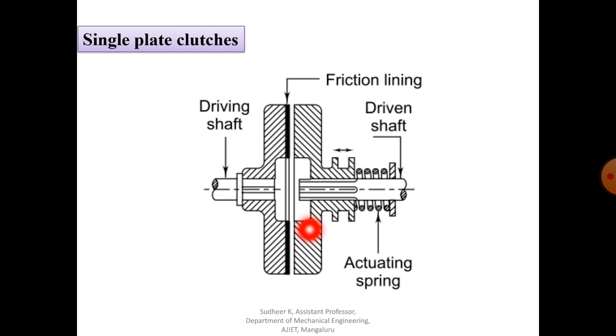Finally the power is transmitted from the driven flange to the driven shaft again by means of splines, which provide only axial movement. Thus power is transmitted from the driving shaft to the driven shaft, and the main role here is the friction force between the driving and driven flange.